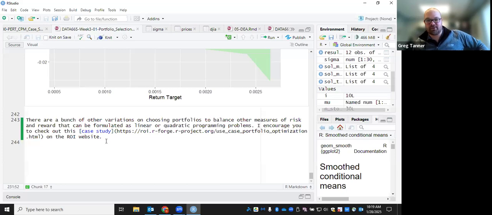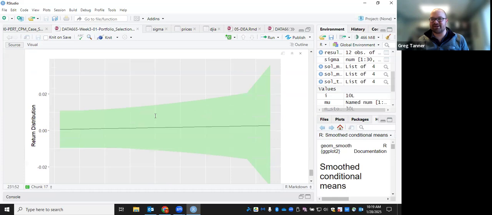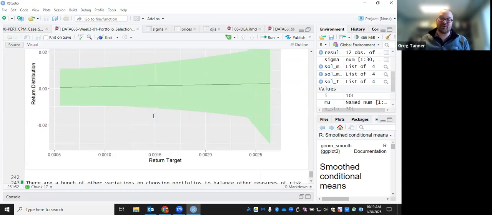There are a bunch of other variations on how you can choose portfolios, so I'll point you back to that case study to end it here. It's pretty interesting in the different metrics you could use as your objective that might measure both risk and reward, as well as what constraints you could have in there as well. And so that will wrap up this portfolio selection example of quadratic programming.